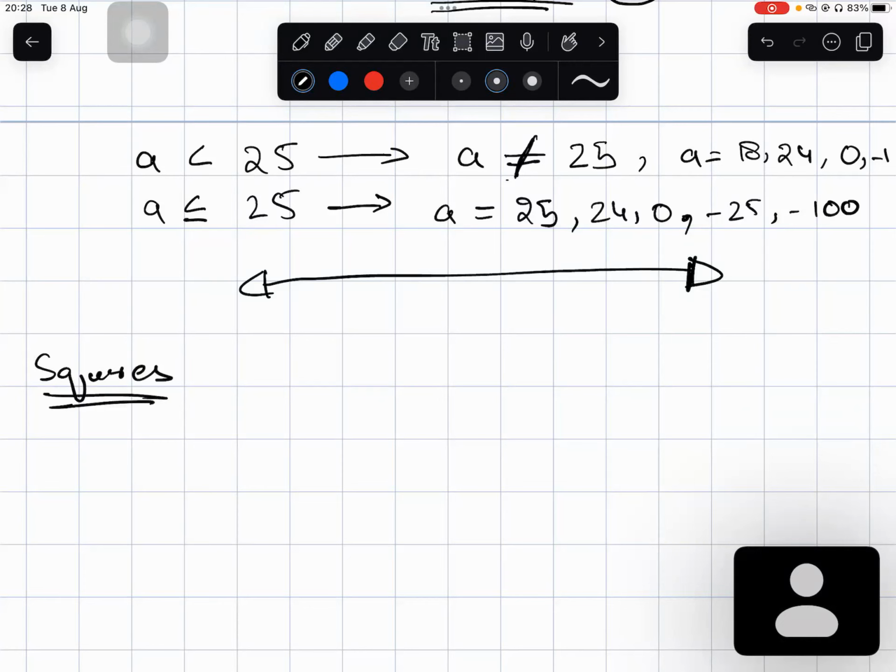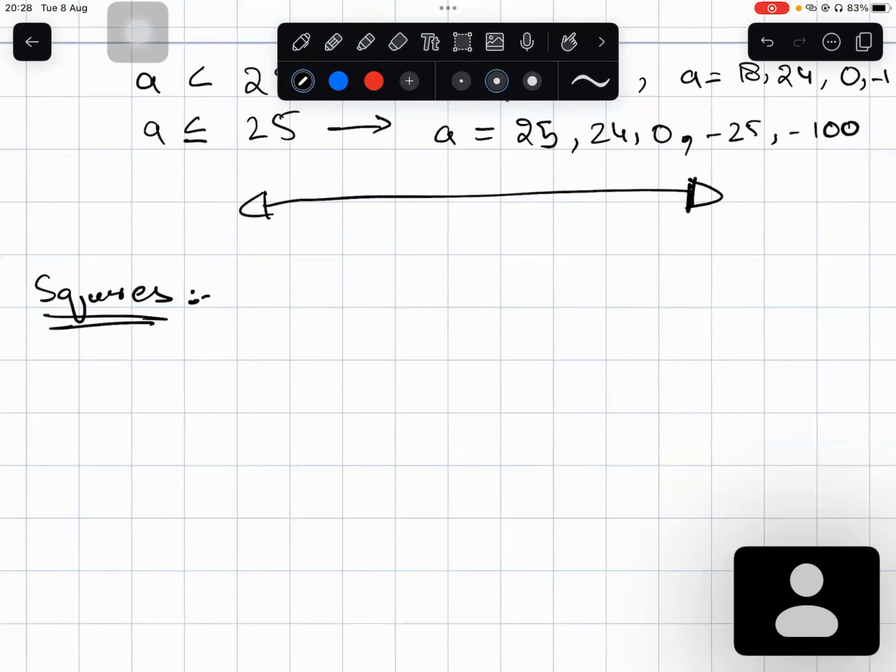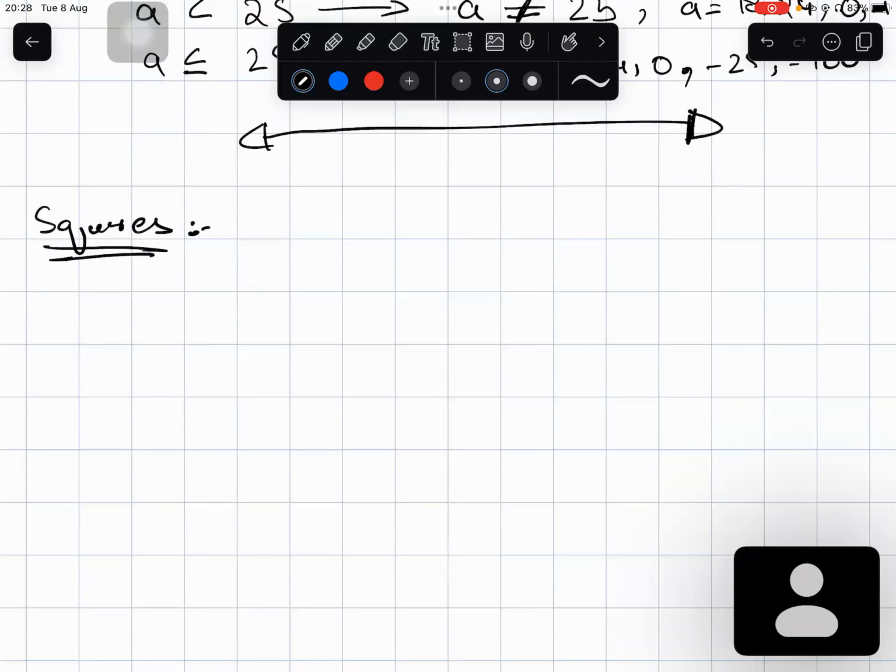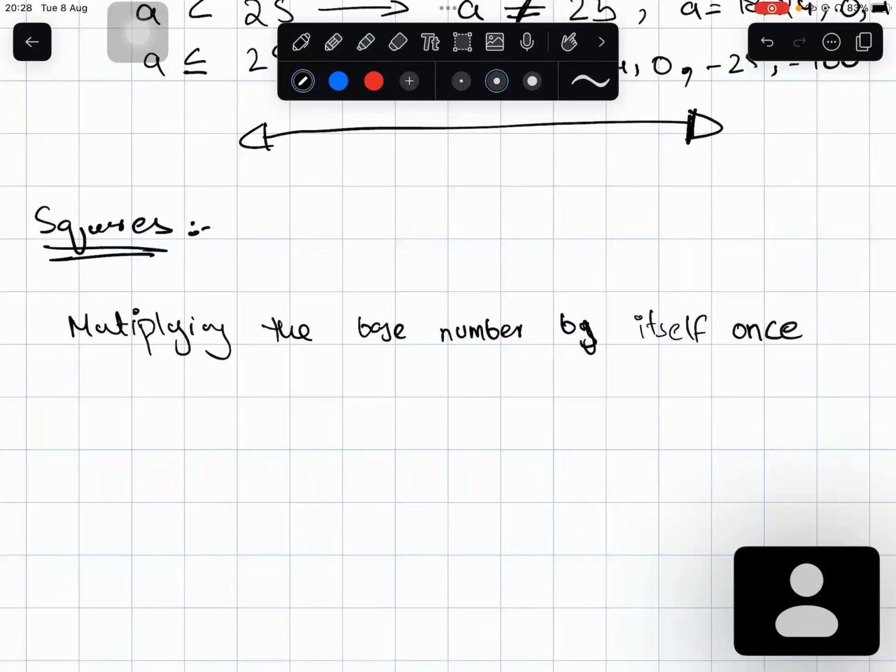Squares. So square is basically multiplying the base number by itself once. And this once needs to be highlighted, right?